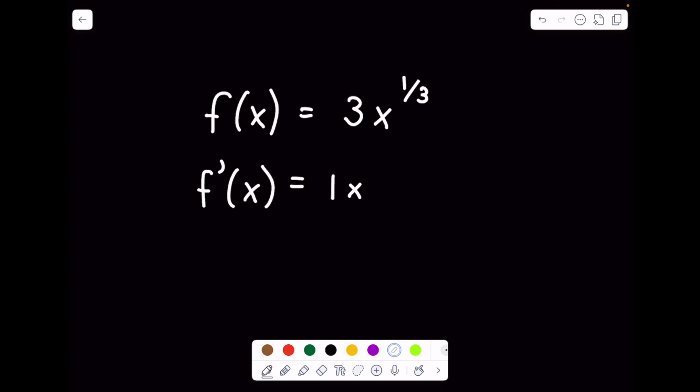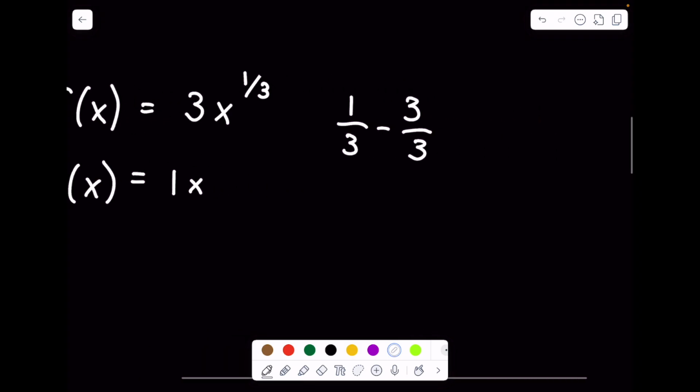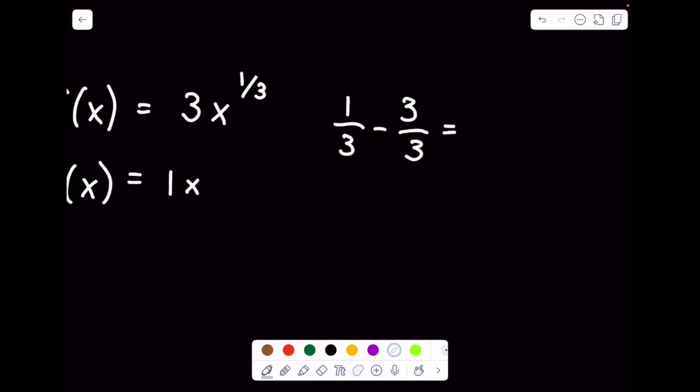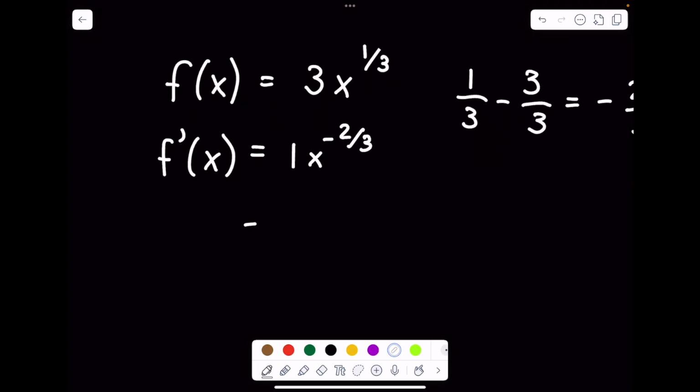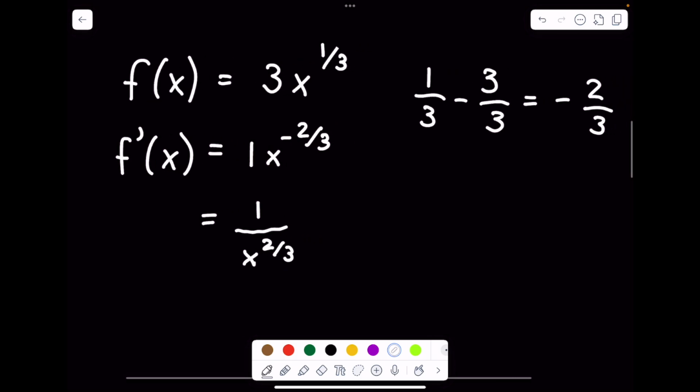So 1/3 minus 1, I'll write that out here. 1/3 minus 3/3, which is 1, would be negative 2/3. So that would be our exponent. To write this in more simple terms, we could just write 1 over x to the 2/3, as a negative exponent is the same as the reciprocal.